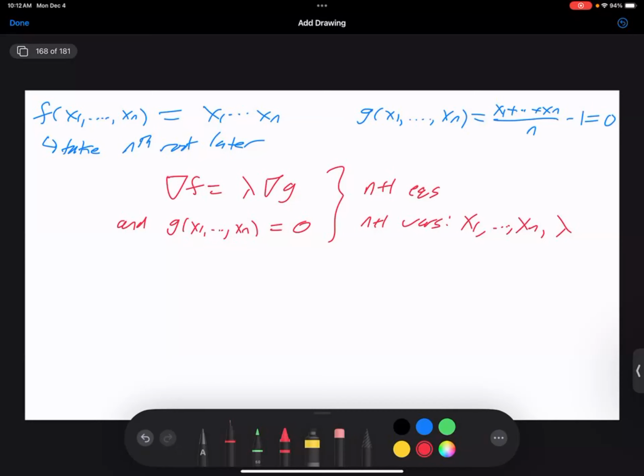So let's look at what the equations are. What's the gradient of f? This is going to be (df/dx1, ..., df/dxn). What do you get when you differentiate the product with respect to x1?